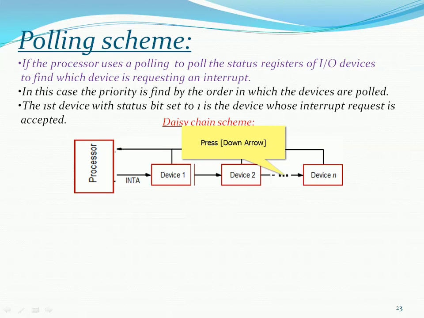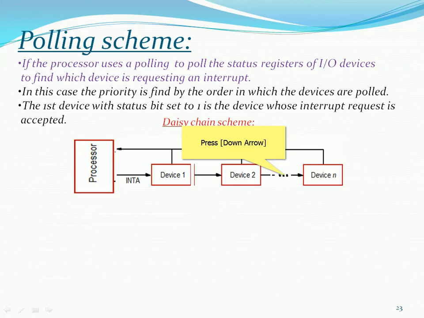So device 1 will send a request to the processor, and the processor is ready to provide service to device 1 and immediately sends an interrupt acknowledgement. The interrupt request is a common request shared by all the devices. If the interrupt request reaches the processor and the processor is ready to provide service, the acknowledgement goes to device 1. If device 1 raised the request, then it will be accepted. If not, it will propagate the interrupt acknowledgement to the next device.